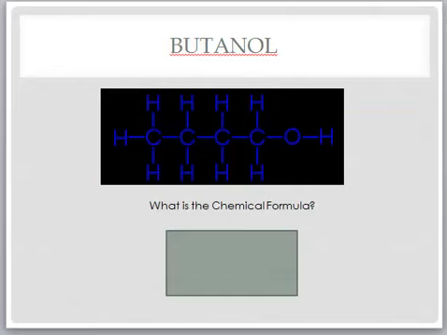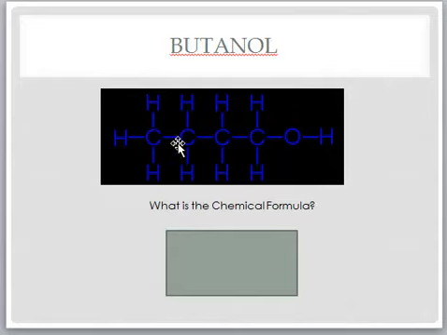The first one we're going to look at is butanol. So what is the chemical formula for butanol? We all know what that is, right? Here's our structural formula. This is how these atoms bind with each other, okay?